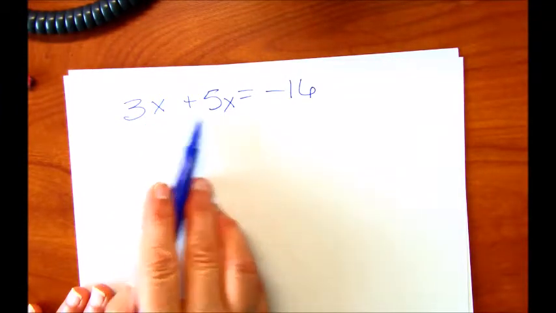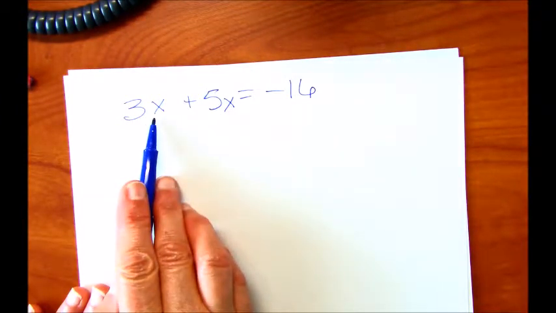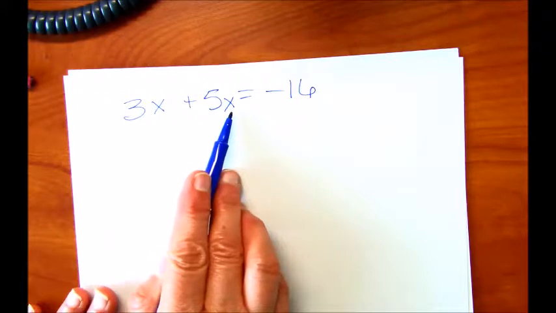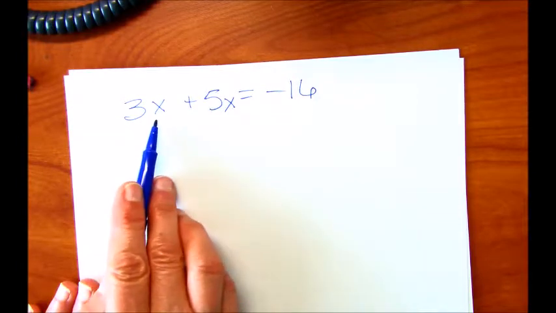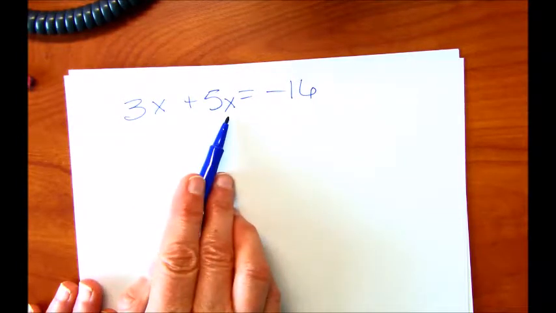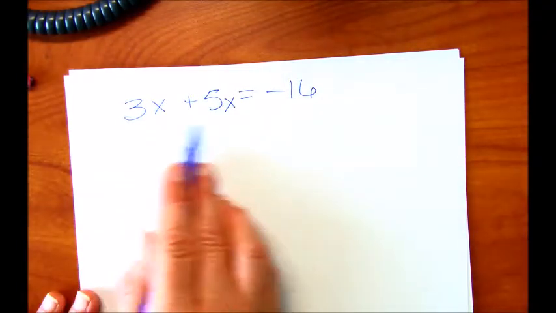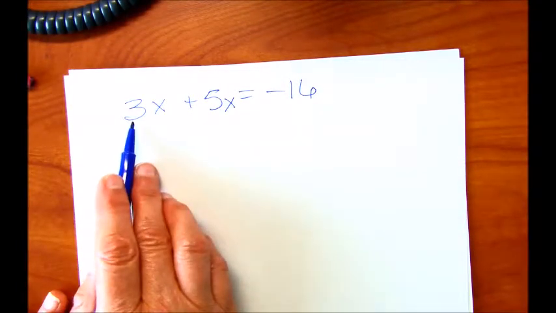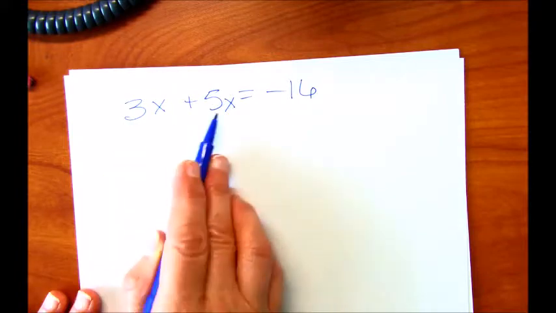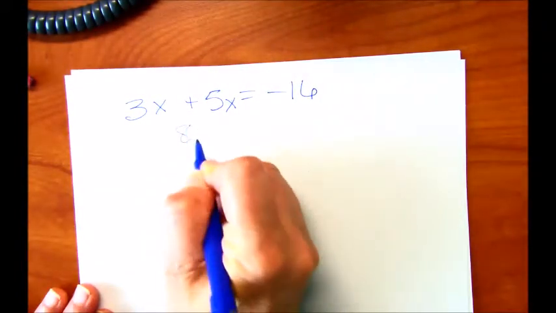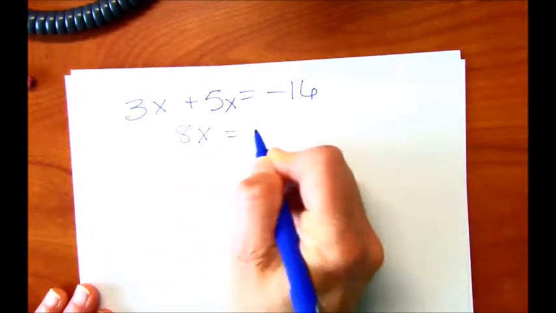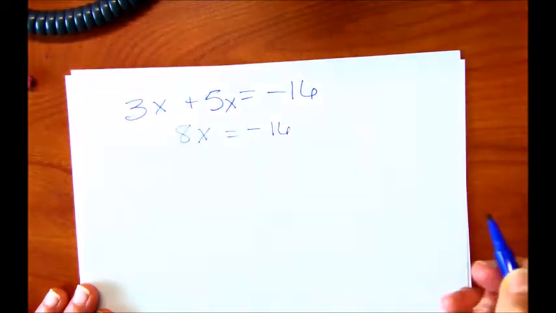They're the same variable, and they have the same exponent. Whenever you have that situation, remember you can combine like terms, especially if they're the same variable raised to the same power, as in this case. We're just going to look at the coefficients and add those two. 3 and 5 make 8. So we've got 8x equals negative 16.